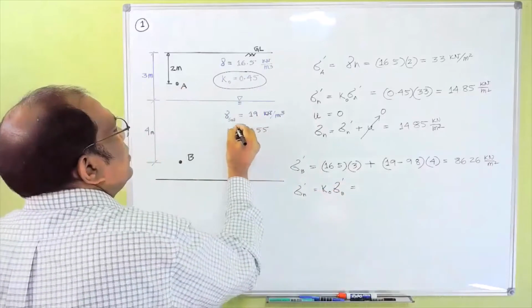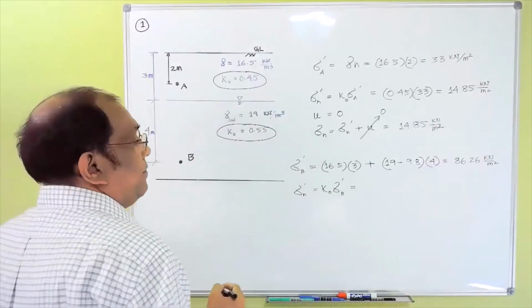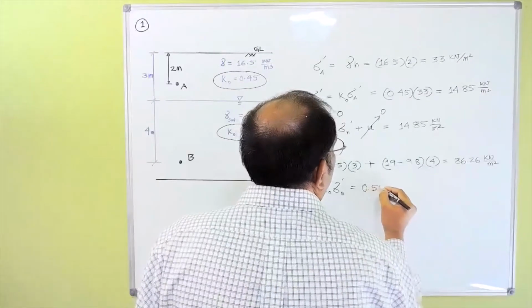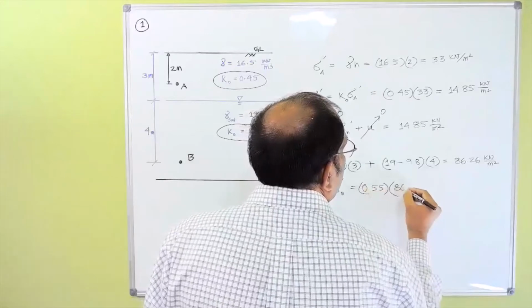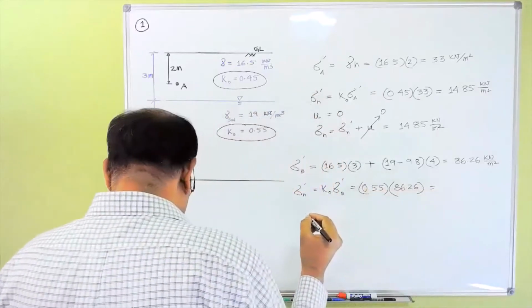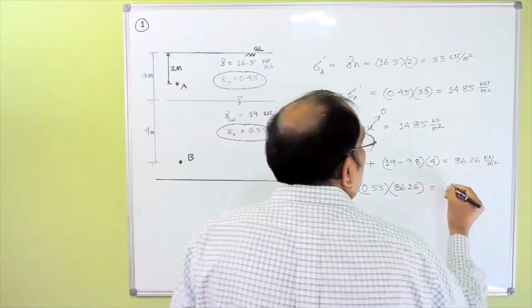For this layer, your K naught is 0.55. So this would be 0.55 multiplied by 86.26, which is basically 47.44.